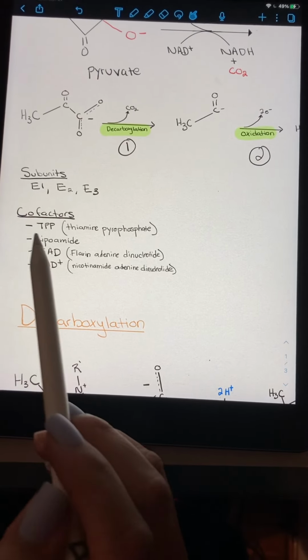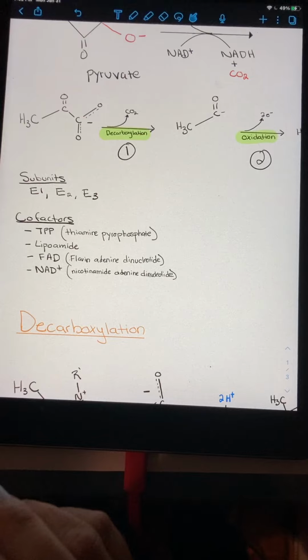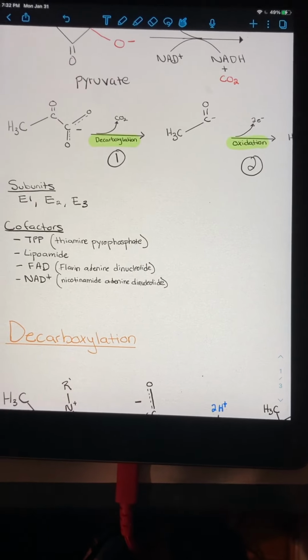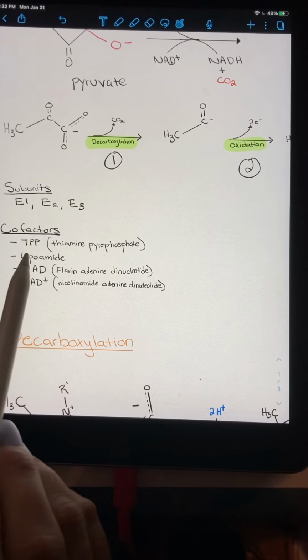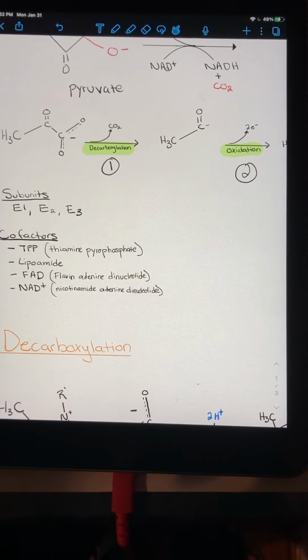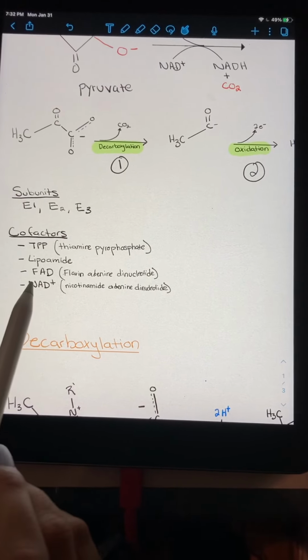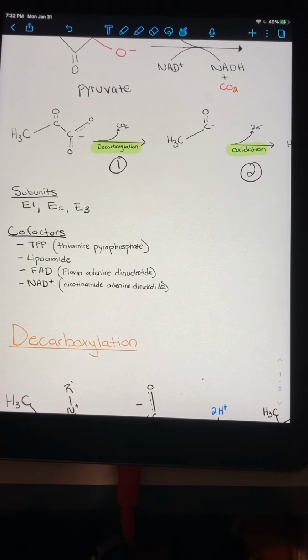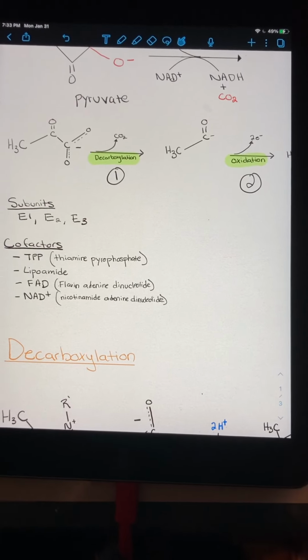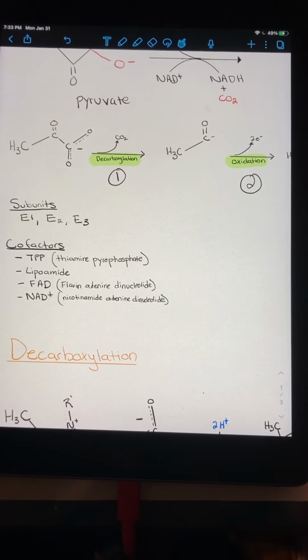So these cofactors include thiamine pyrophosphate, also known as TPP, lipoamide, flavin adenine dinucleotide, also known as FAD, and nicotinamide adenine dinucleotide, or NAD+.